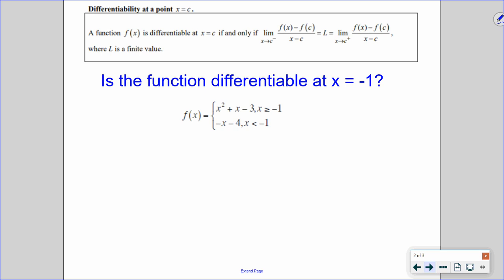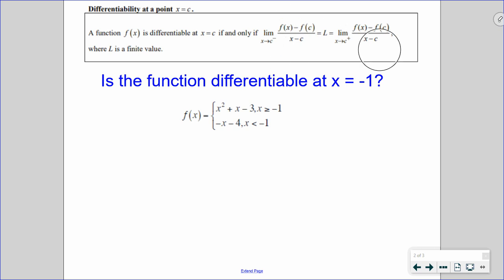Okay, so you probably recognize, hopefully, that these two limits represent the definition of the derivative. Okay, so the idea here was that f of x minus f of c over x minus c, like this, is how we would find slope of the secant line. But then to get slope of the tangent line, we would move the points together, so x would be approaching c.